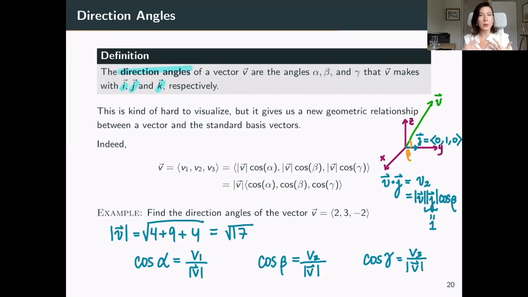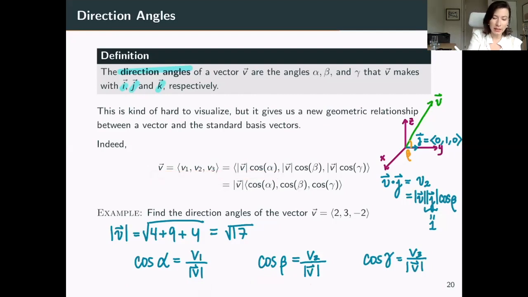And similarly, we can note from the equivalences in the component form of the vector v that if we compare v1 to the magnitude of v times cosine of alpha, we have that cos of alpha will be v1 over the magnitude of v, and we have similar representations for cos beta and cos gamma.